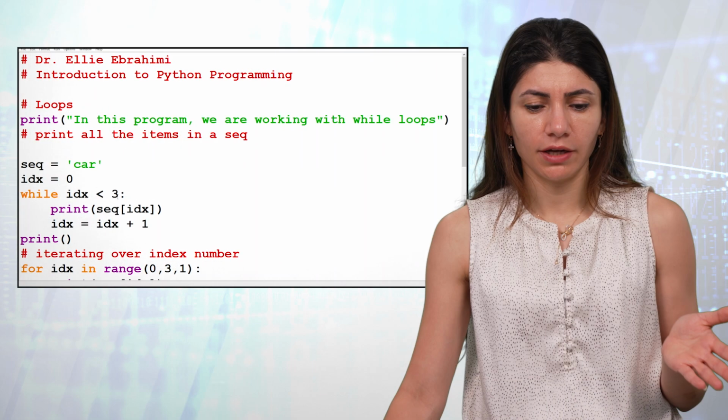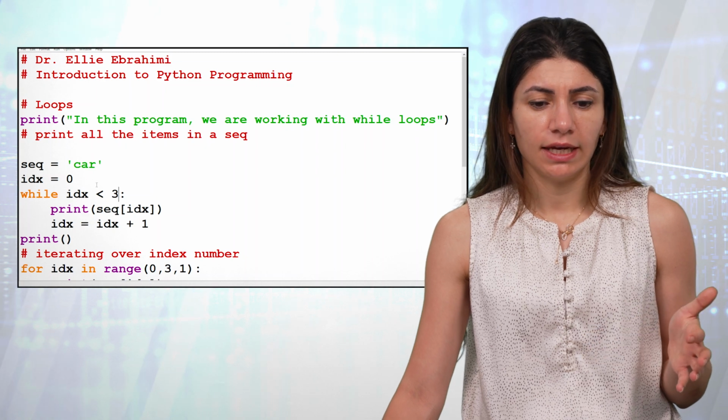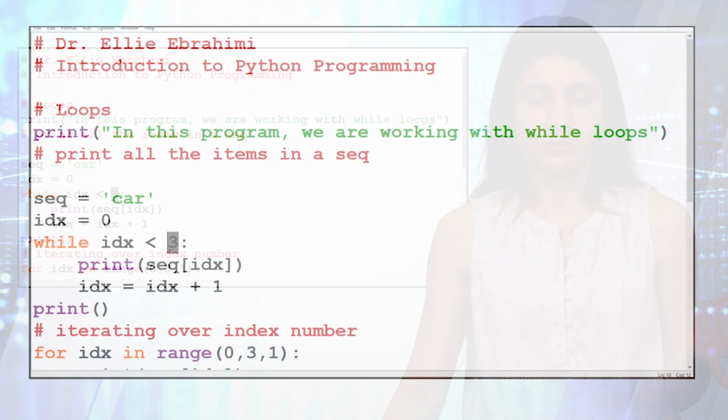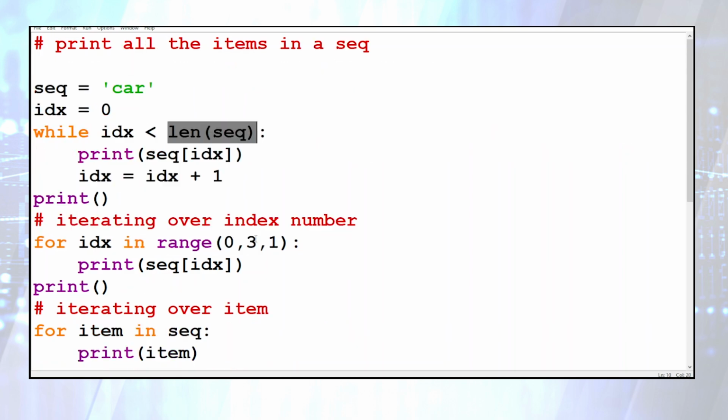One last thing I would like to change about this program that I have written is, instead of just putting this 3, which is like a manual end value, you can use your len function to do that. So len of that sequence gives you 3. So why not use that len? Because if you do that, then if this sequence changes, you don't need to worry about changing this value. So same thing goes into the end value here.